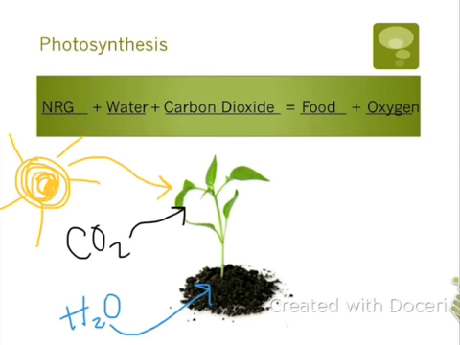Using those three things, the plant makes food, which is called glucose, that the plant uses. It's a sugar. That's what the food is. And then, of course, the plant also releases oxygen.